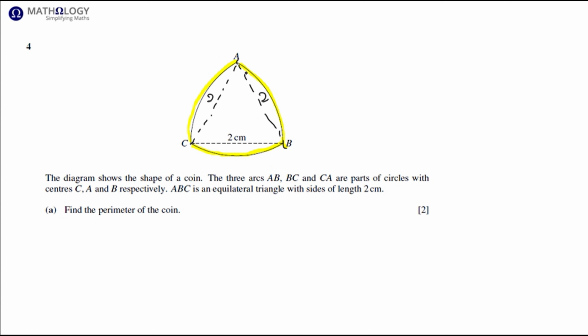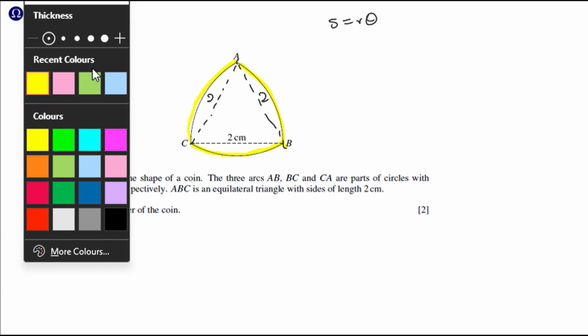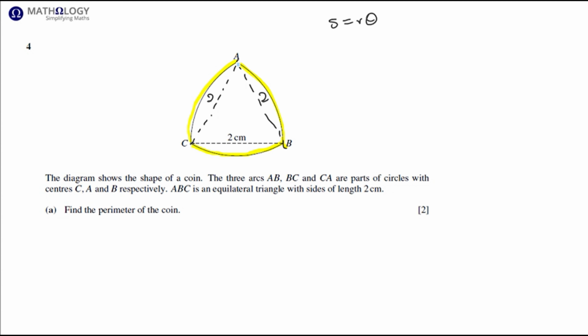So to find arc length, remember that arc length equals the radius times the arc angle theta. Now for this particular arc AC, it is formed from that sector ABC, right? And the angle theta that we're referring to is this angle over here, angle ABC.